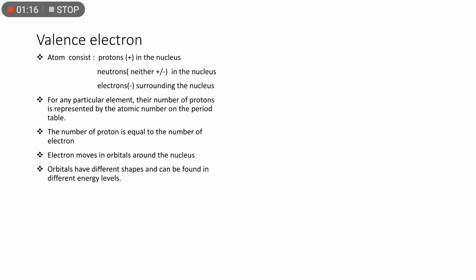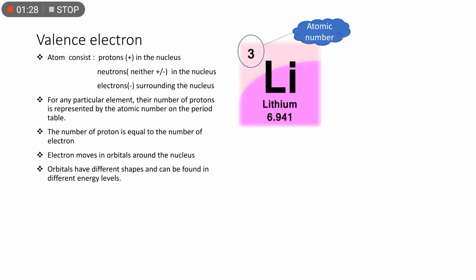For any particular element, there is a number of protons which is represented by the atomic number on the periodic table. For example, as I have pointed out here, we have the element lithium, which has an atomic number of 3, at the top left corner.